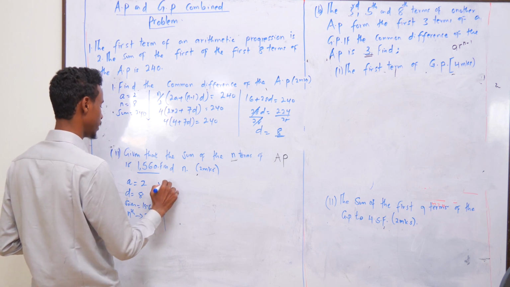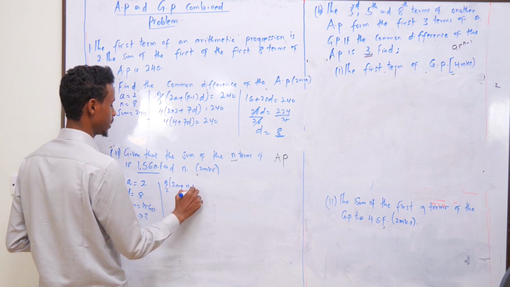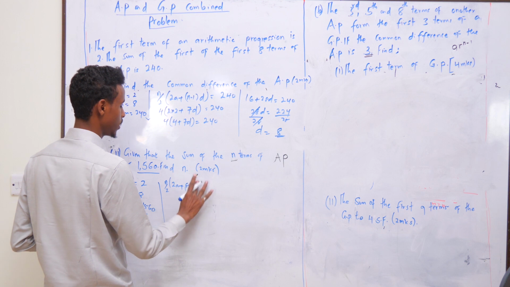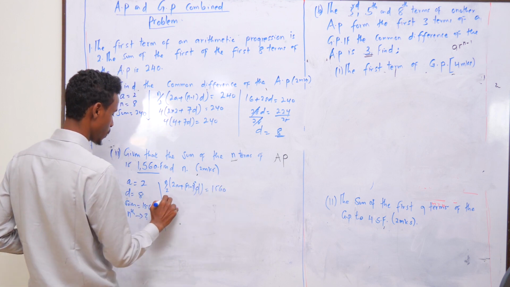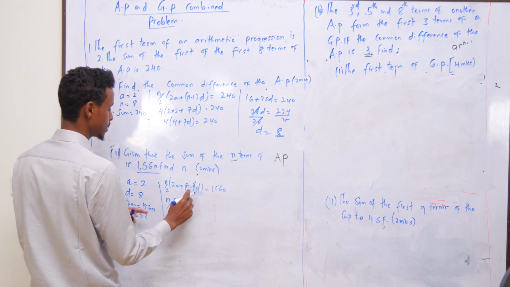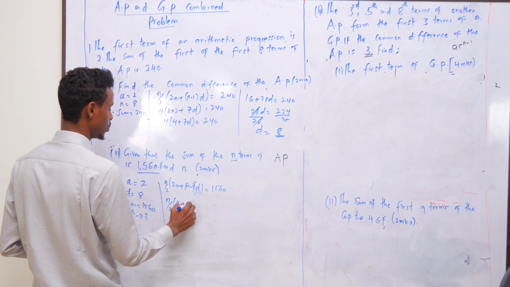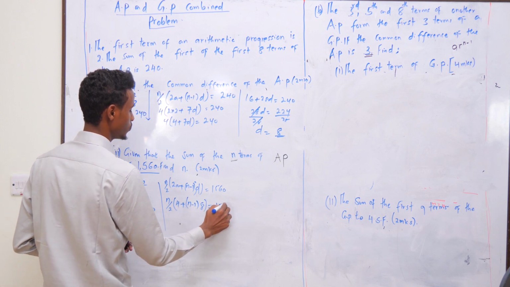Now we use the formula again: n over 2 into bracket 2a plus (n minus 1)d gives us 1560. Very simple. n over 2 into bracket 2 times 2, 4, plus (n minus 1), which we don't know, multiplied by the common difference 8, gives us 1560.